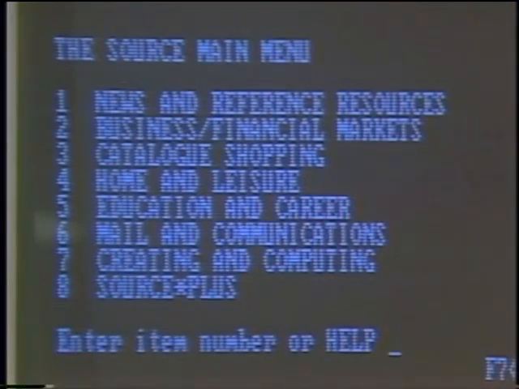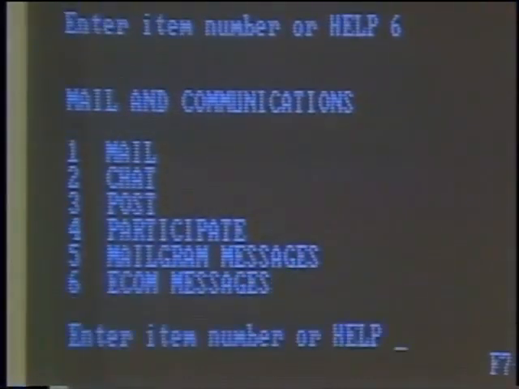The menu is designed as a routing or a navigational system down through to the services that we want. We're going to go into item number 6, which is mail and communications, and it's going to take us down one more level of menu. And from here we have options of electronic mail, which is item number 1, chat, which is an interactive use of the system. We can talk to another user who is online presently.